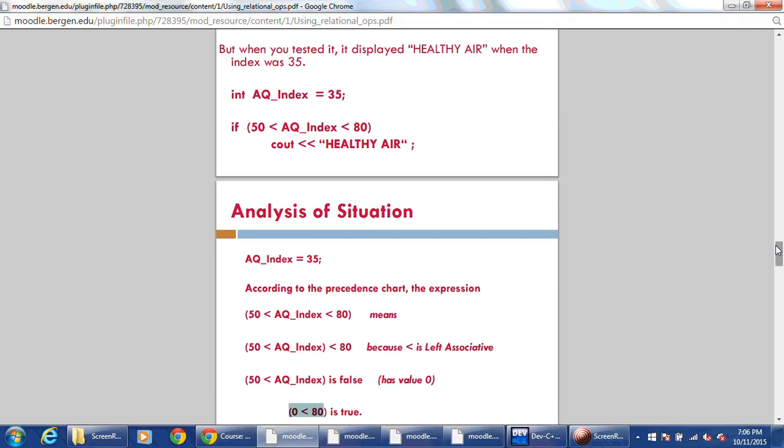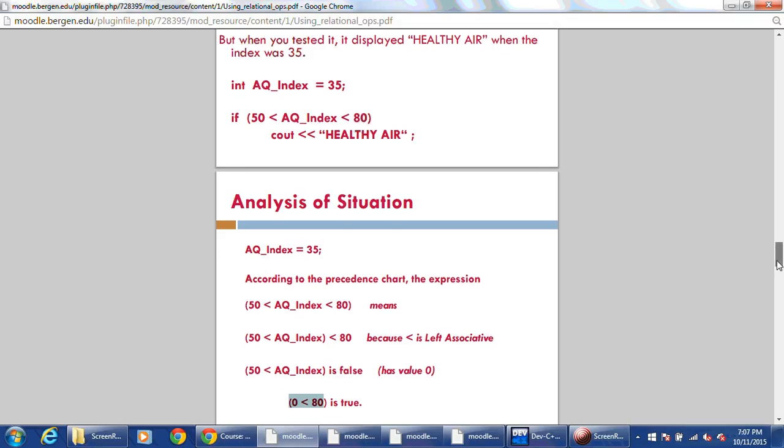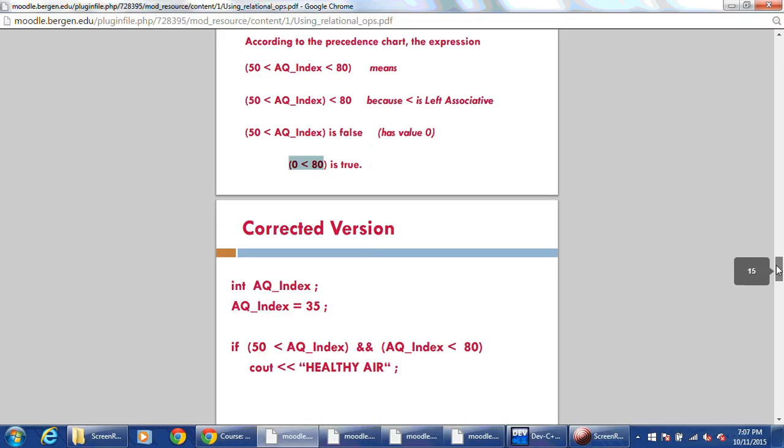We still want a true or false answer, but what you're really looking for is to only do it if AQ index is greater than 50 and AQ index is less than 80.